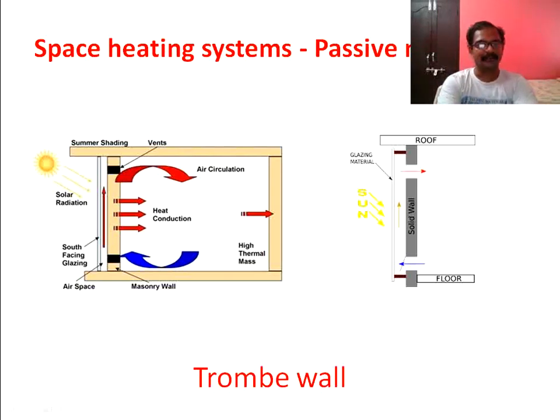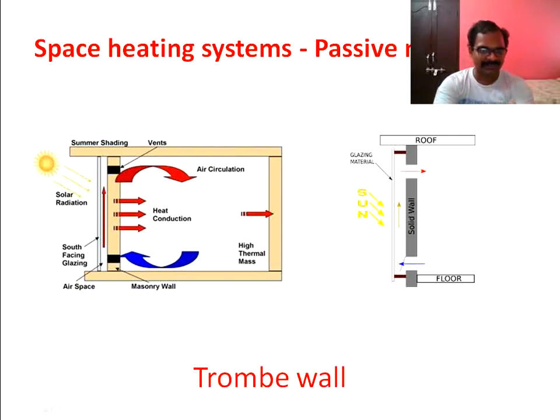And in between this solid wall and the glass window, there is air. Now the concept is, whenever sunlight falls on the glass window, the air in between the solid wall and the glass window will be heated up, and that heated air will move upwards. As we know, whenever air gets heated, its density decreases and it moves upwards, and the air moving upwards will move into the room by means of the top vent.